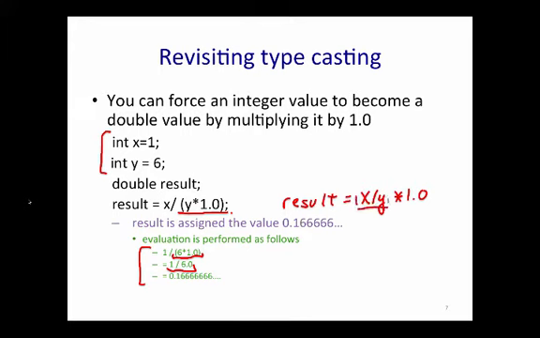So I would have first evaluated this expression, x divided by y, and since they were both integer operands, I would have done integer arithmetic, and 1 divided by 6 would have been 0. When I multiplied that by 1.0, I would have gotten 0.0. So when you force this kind of floating point operation, make sure you put it in parentheses.